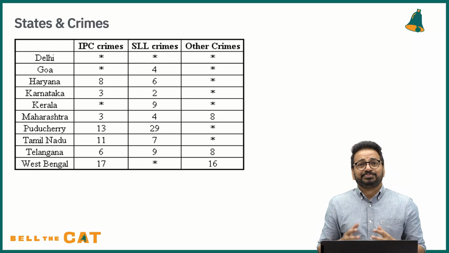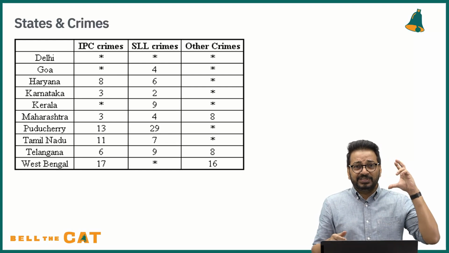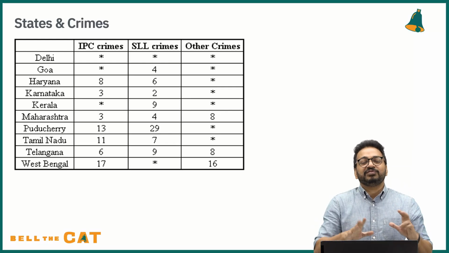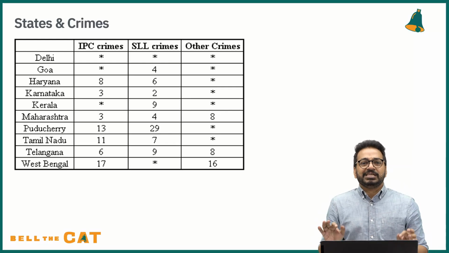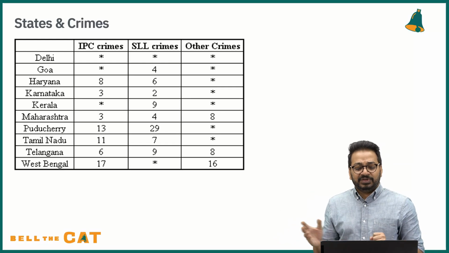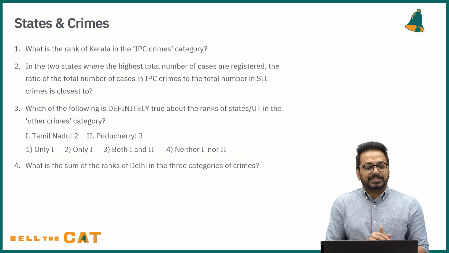Now, as I said, the biggest mistake would be to first take that chart, calculate all values and try to fill this table up. It will take you easily 10 to 15 minutes before you can even start solving. But what did we decide? Second, decode the set, the conditions and the questions before you start. Now, if I look at the questions, what are they saying?